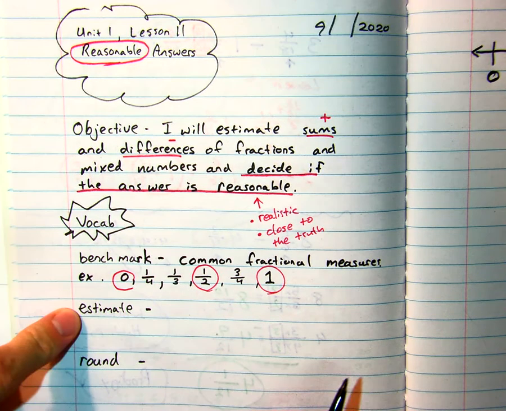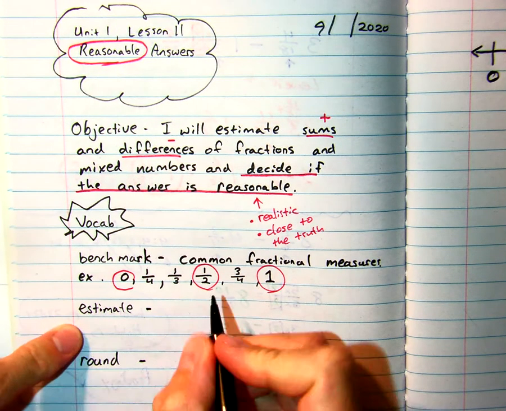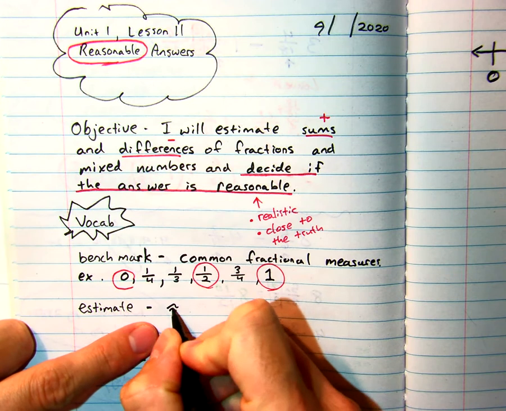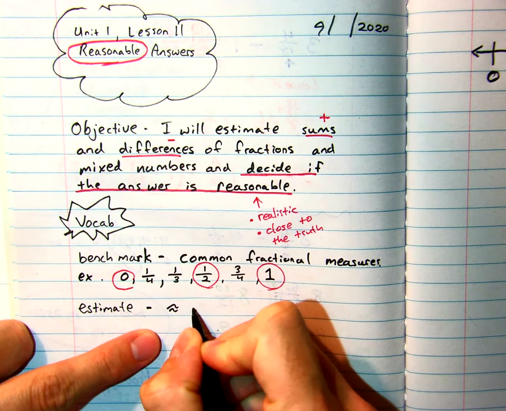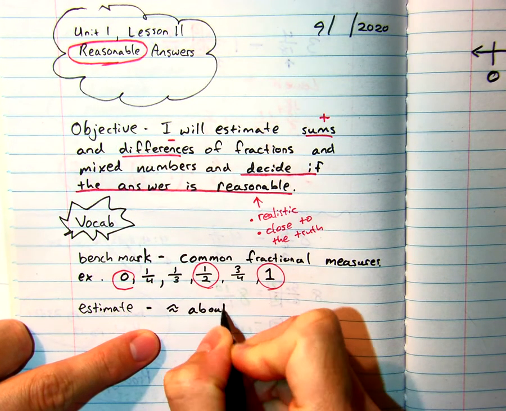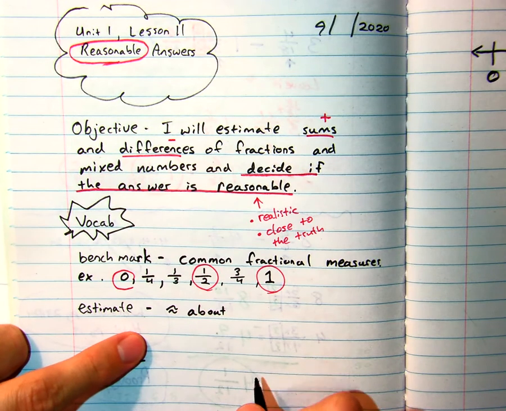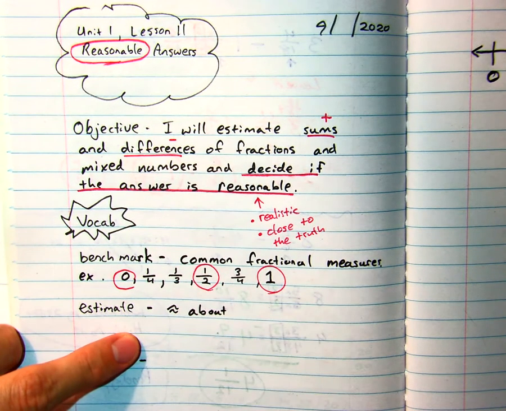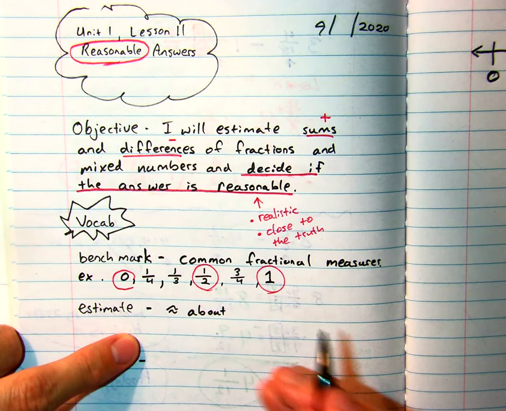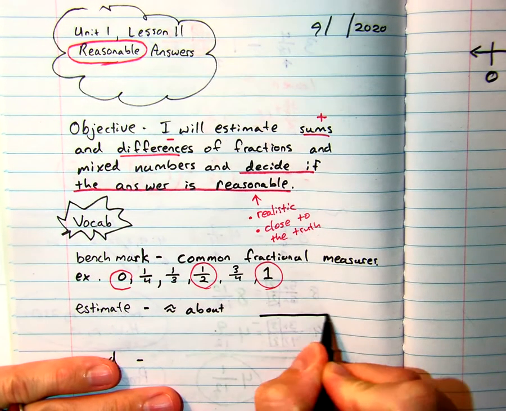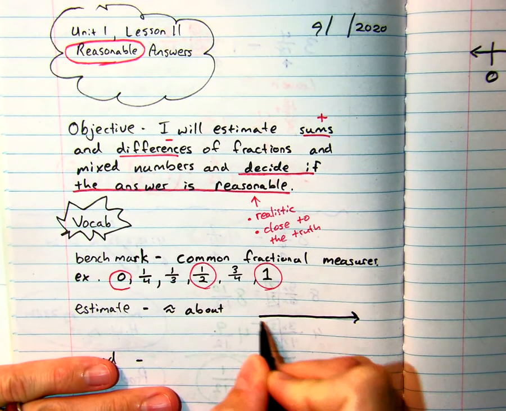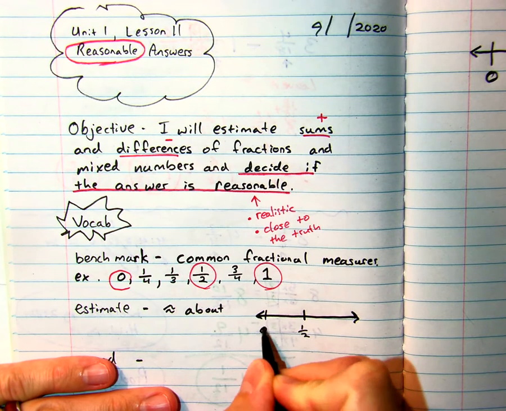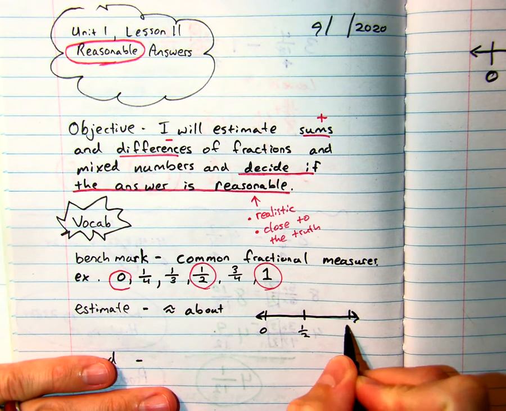Second term here, we're looking at estimate. That means we're making a guess, squiggly equals. It's going to be about. Say it with me, about. So if I had a fraction, let me use a number line. Let's put a half in the middle. Let's put nothing on here, and let's put 1 whole here.